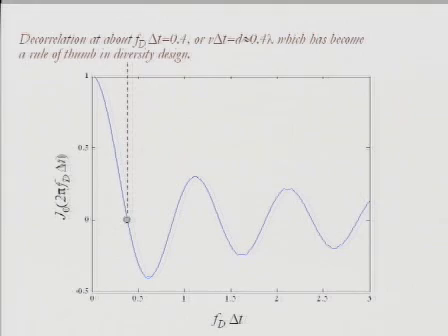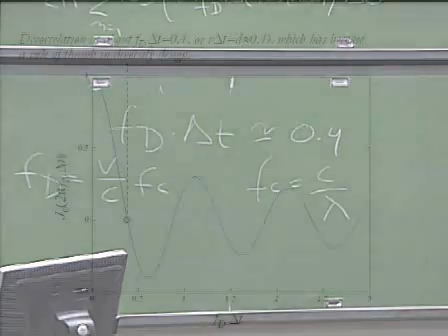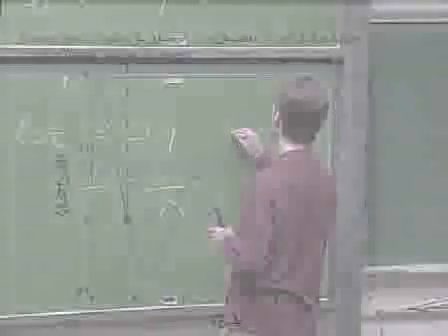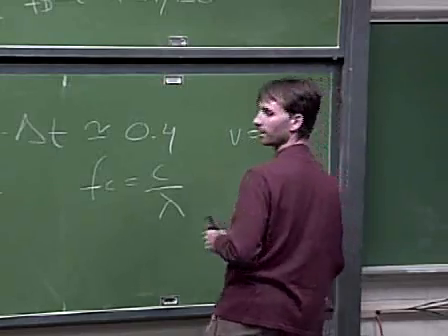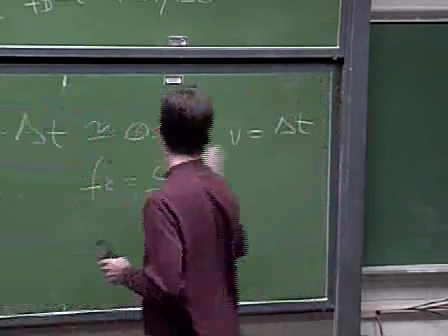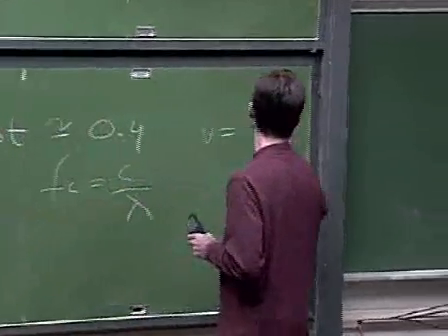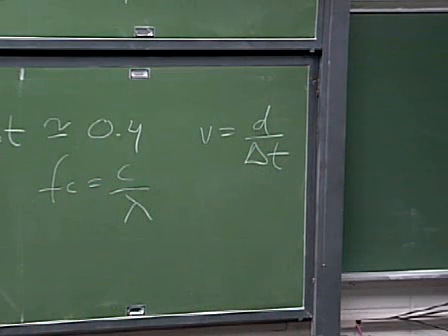It's just a matter of plugging these two equations in and using one more equation, which is that speed is equal to space divided by time. The speed of motion is equal to the distance divided by the time. So using all these relationships, we can map this coherence, this correlation time, into the correlation distance.